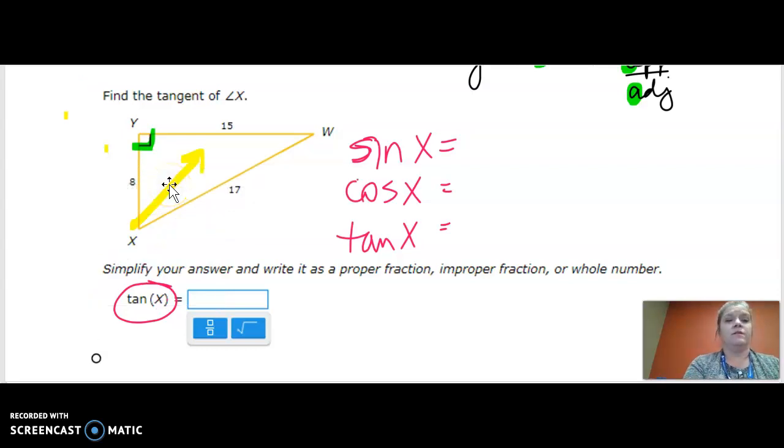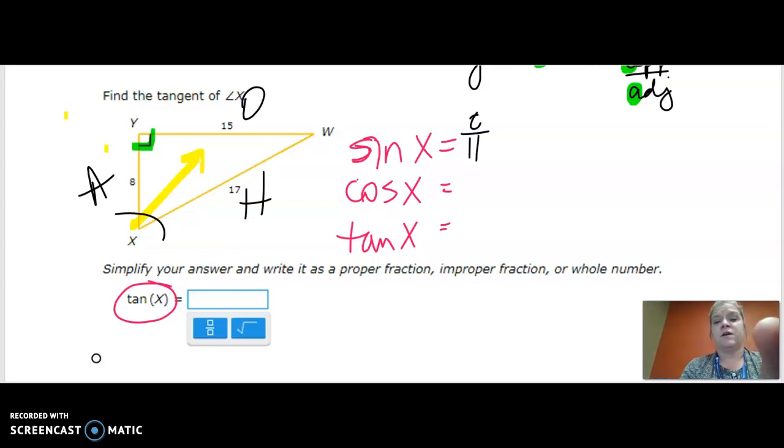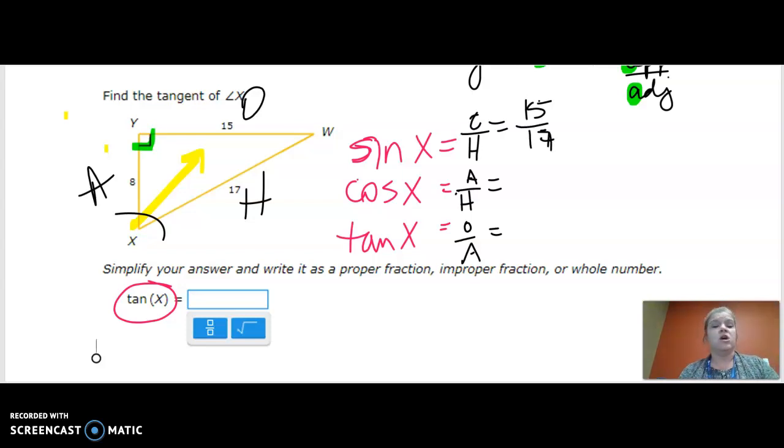Okay, good enough. And so adjacent, opposite, hypotenuse when we're talking about x. So if sine is opposite over hypotenuse, cosine is adjacent over hypotenuse, and tangent is opposite over adjacent, then sine x is going to be 15 over 17, and if that reduces, then you would reduce it.